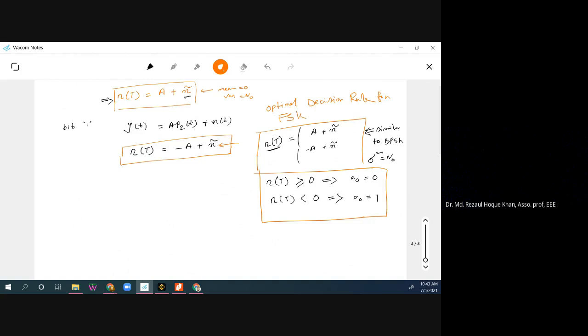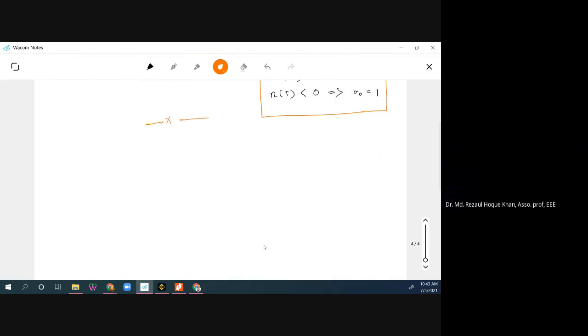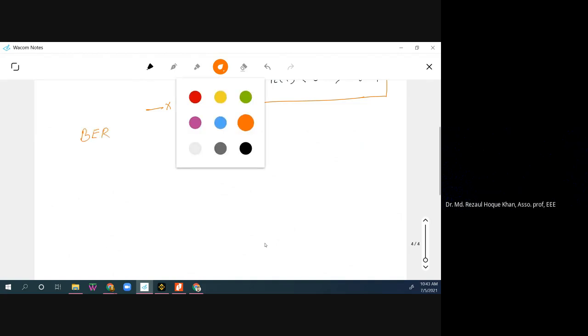So we know the optimal decision rule, but we need to find more. We have the transmission signal and the optimal decision rule. What else? Bit error rate. So let's find the bit error rate for FSK.